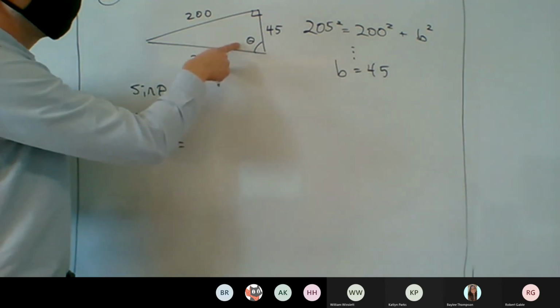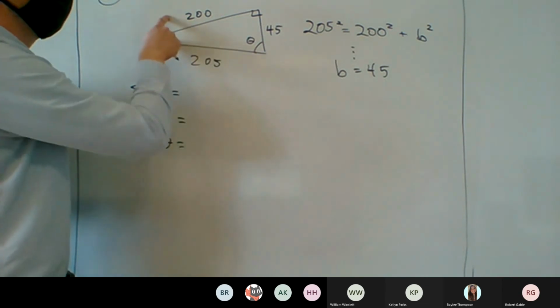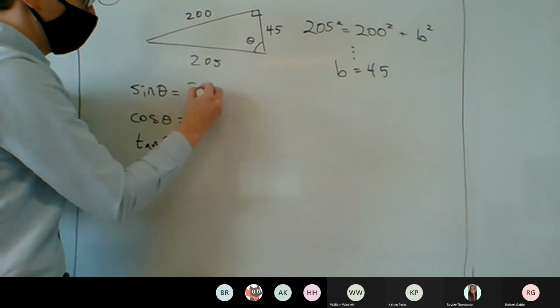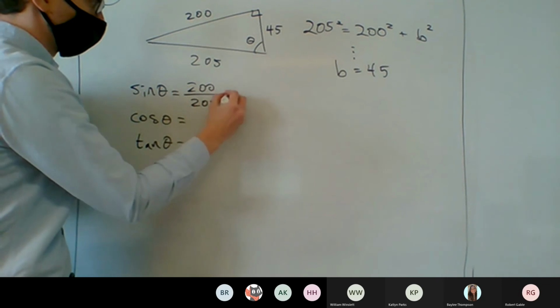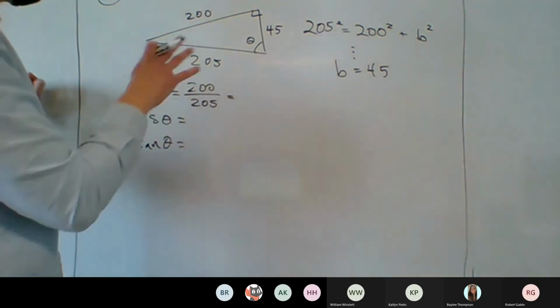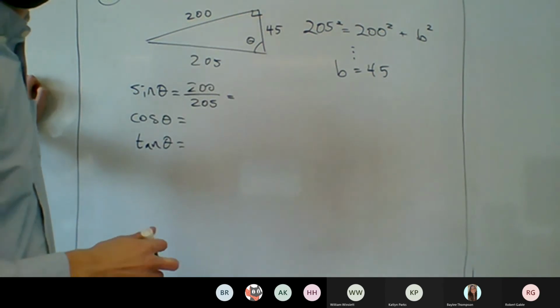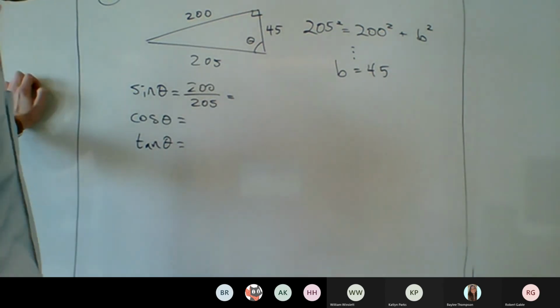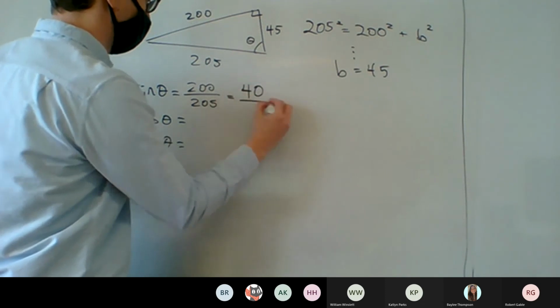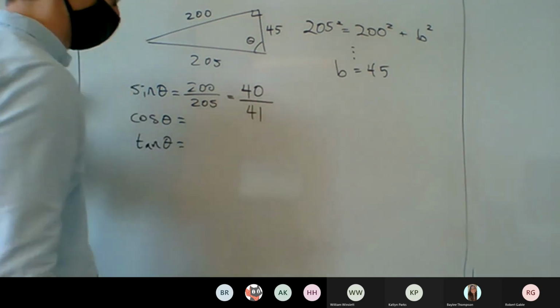Which side is opposite theta? The 200, right? And 205 is the hypotenuse. And of course, 200 over 205 reduces, you pull a 5 out of both, leaving you with 40 over 41.